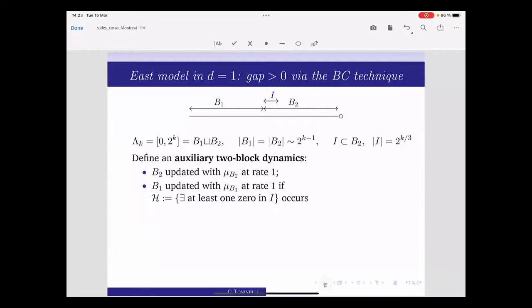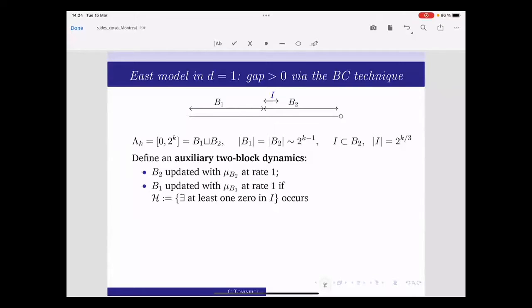When the clock on the block B2, the block on the right, rings, I throw away the configuration on the block B2, and I refresh the whole block B2 with a new configuration, which is sampled with the equilibrium distribution on the block B2. So I update the configuration on block B2 according to the Bernoulli measure on that block.